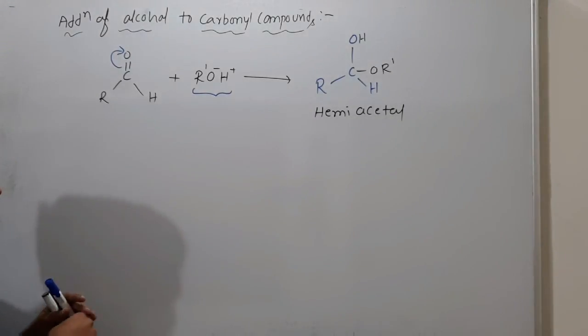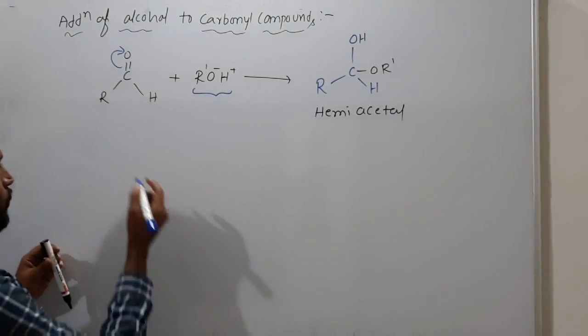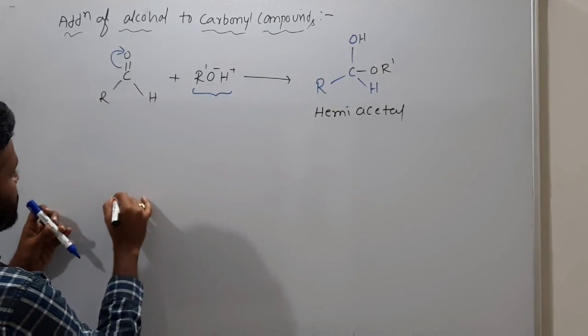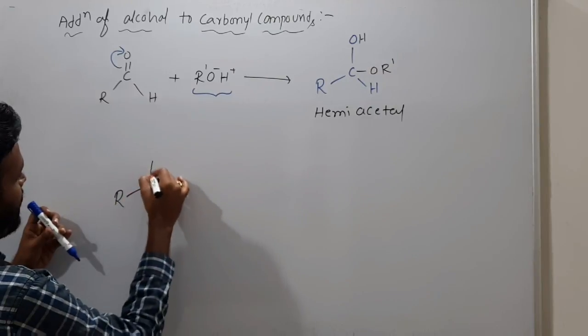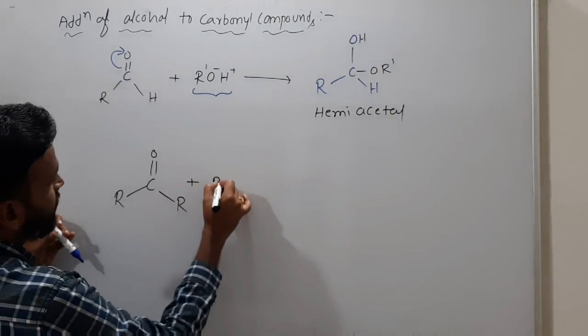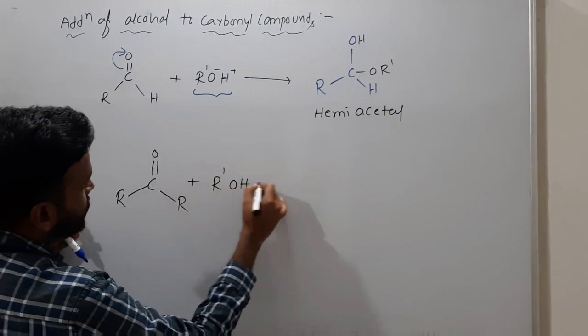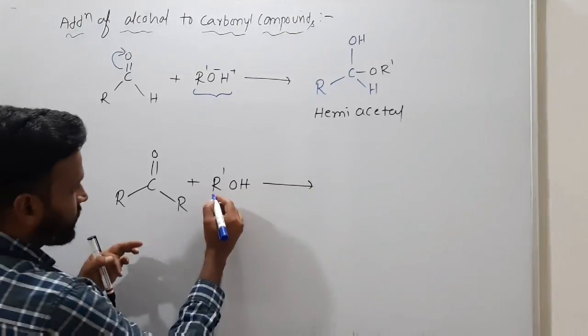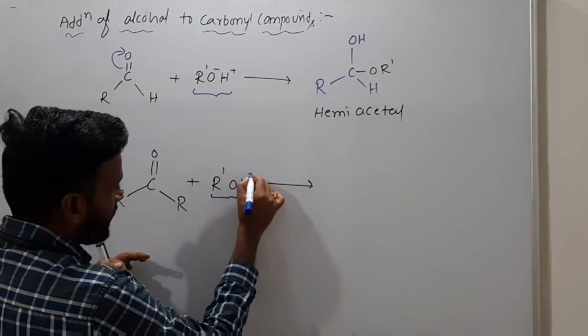Instead of hydrogen, if you have one more R group, that means you will get a ketone. See here, suppose you have R and C and double bond O and R. Both are alkyl groups. For this, I am adding R dash OH and see what happens. Same story: two things it will split like this, OR minus and H plus.